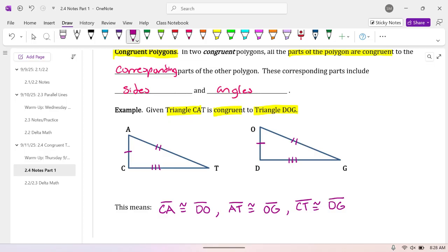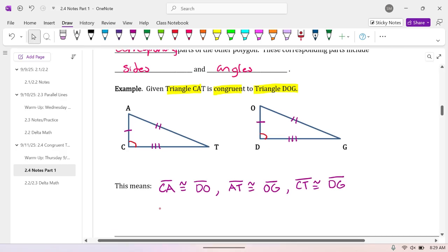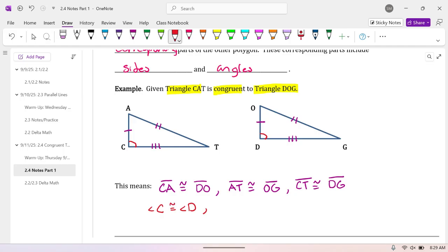All right. Now angles. So we already know that C is congruent to D, because that was already said. So angle C is congruent to angle D. What else? Another set of corresponding angles. A and which one? A and O. Good.